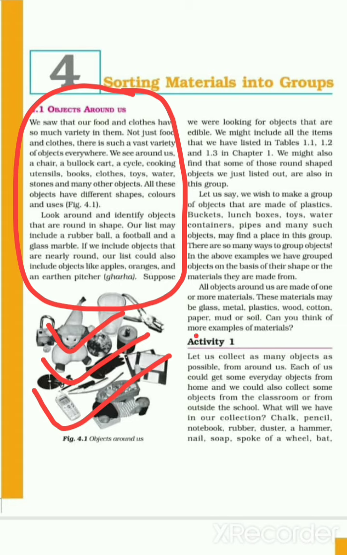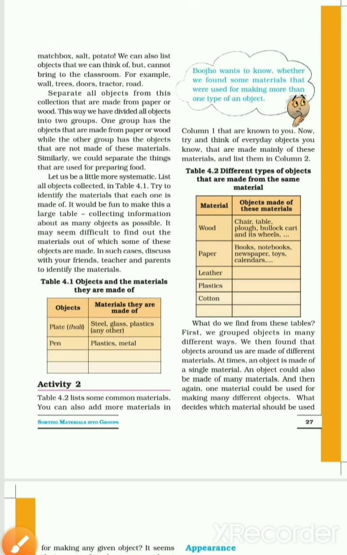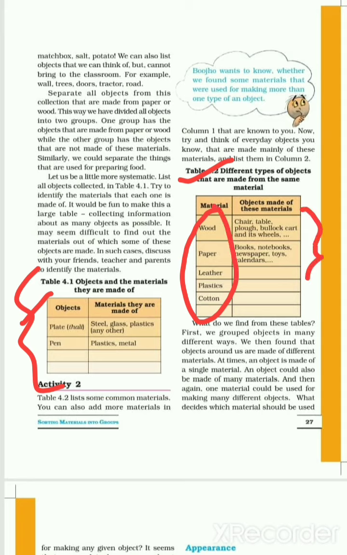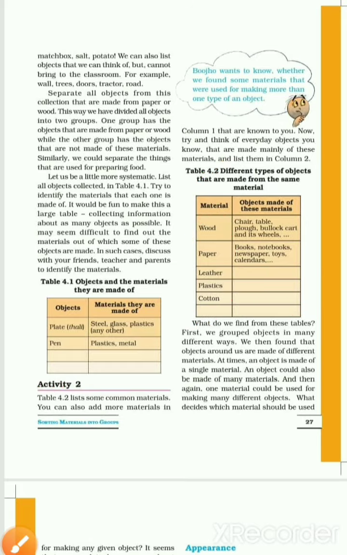Then we did activities also. In that we solved the table 4.1, objects and the materials they are made up of. Then in table 4.2, with the help of one material we can make many things. In the next part we are going to learn properties of materials. Thank you.